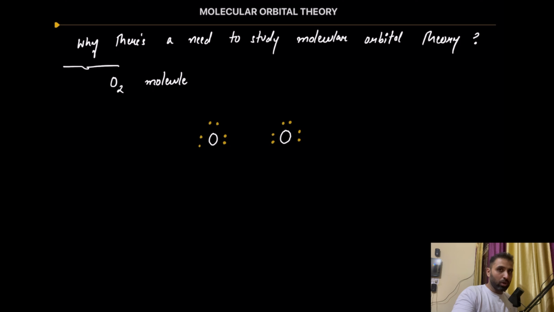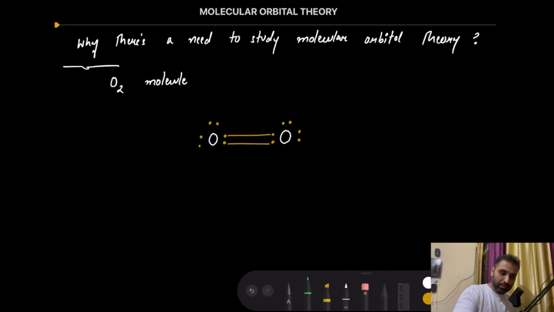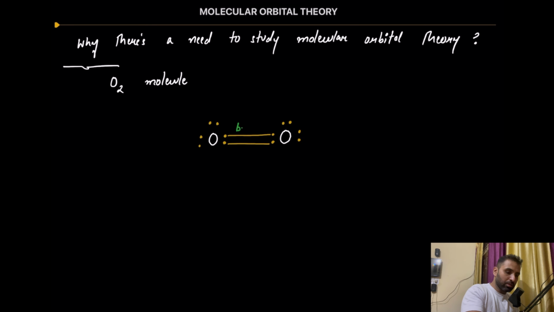Now we all know that oxygen forms two bonds with each other. So that's our first covalent bond and that's our second covalent bond. So we got a double bond between two oxygen atoms. So we got the first bond pair of electrons, that's the second bond pair of electrons.